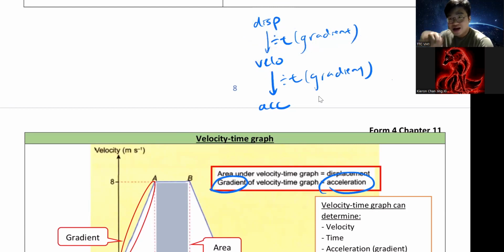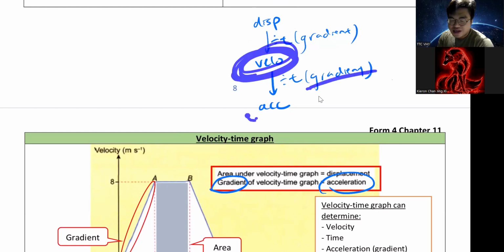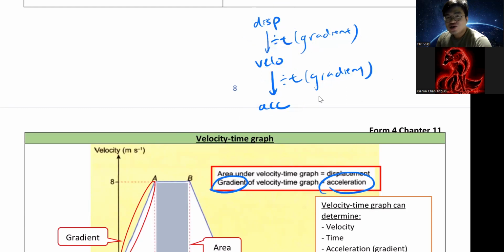Now for the velocity graph, halaju, the gradient is acceleration, pecutan. So whenever we talk about gradient, we go down according to here. Displacement graph, gradient, velocity. Velocity graph, gradient, acceleration.